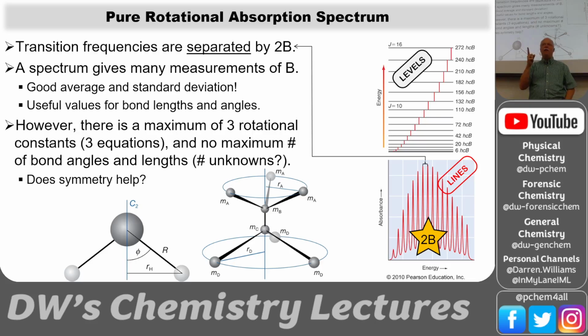So you have 1 bond length for all 6 carbon-carbon distances and 1 bond length for all the CH distances. So in benzene, you could define the whole molecule with just 2 bond lengths, even though it's got 12 atoms. Okay, so symmetry really helps. So if we could get the rotational constants for benzene, we could totally solve for the structure for benzene because it really only has 2 bond lengths.